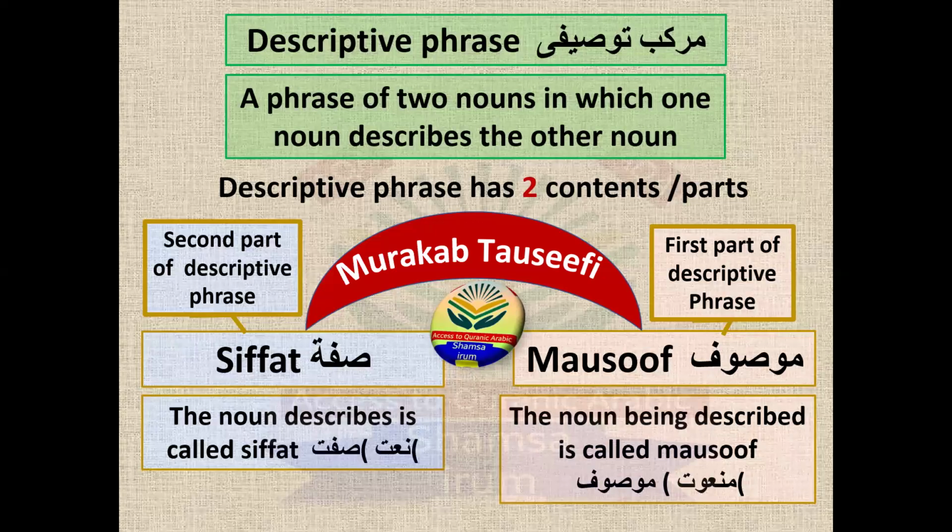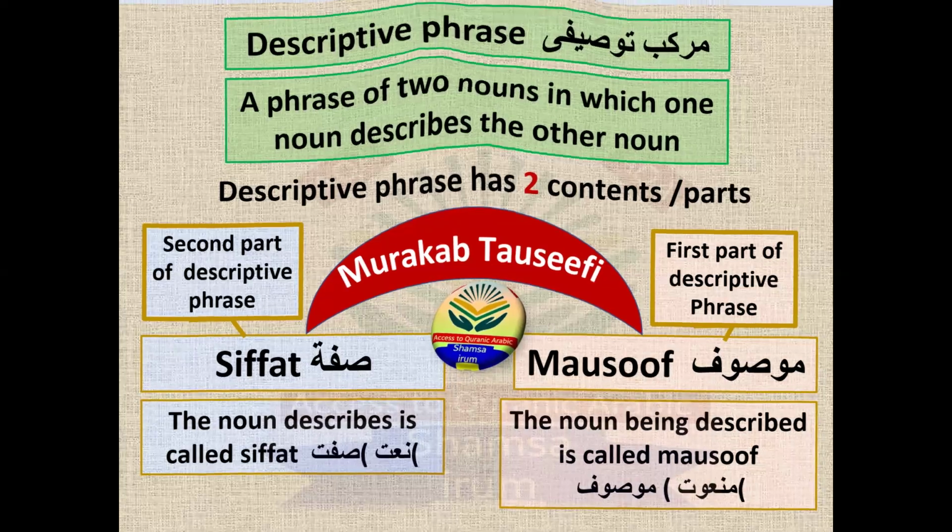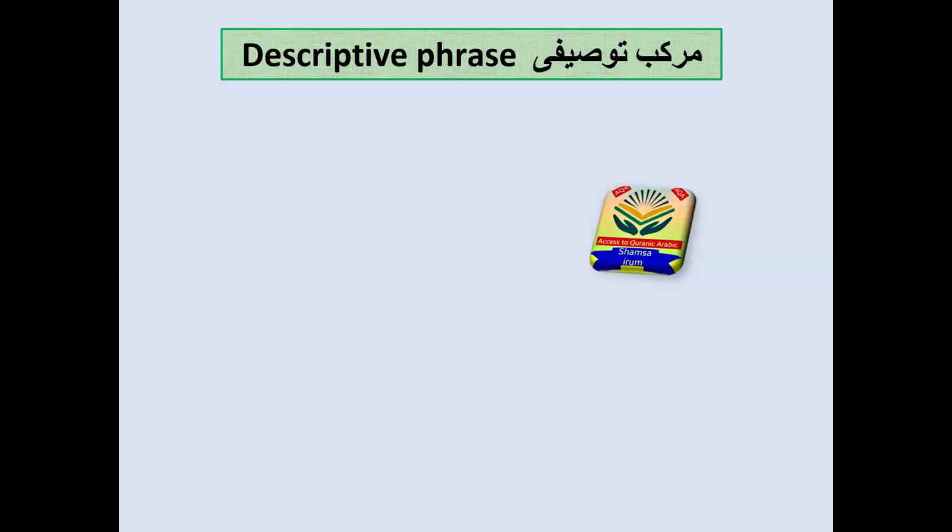So this is a very important thing that you must know, that Mausuf always comes first in Murakab Tauseefi and then Sifa comes. Why am I insisting on this point, that Mausuf always comes first and then Sifa comes in the Arabic language? Because I will explain this in this slide, inshallah ta'ala.